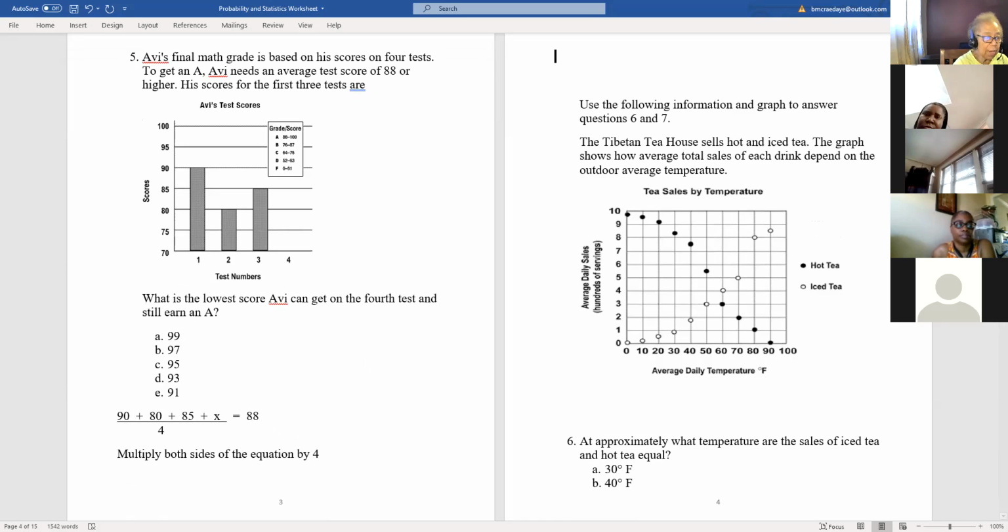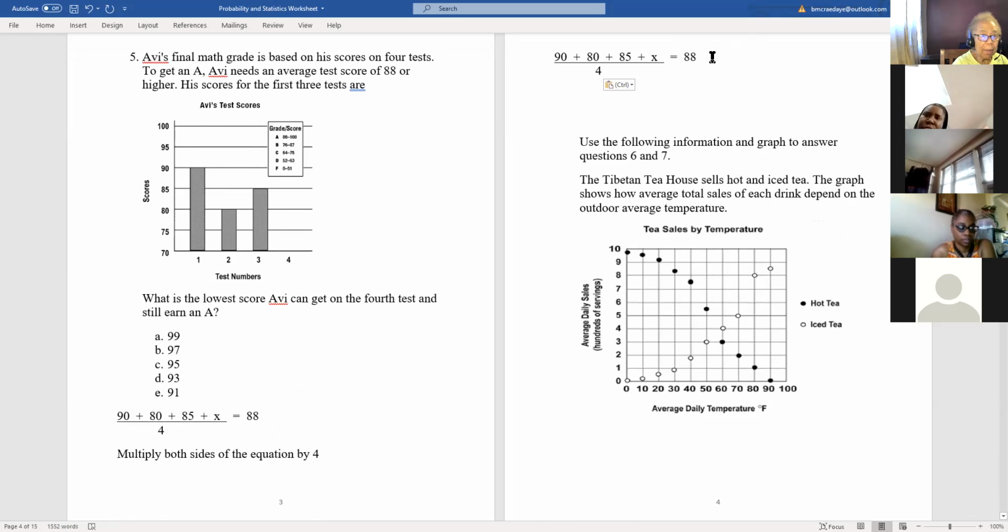What I'll do is copy this all and then we'll multiply by the 4. Now multiply both sides by 4. That means we put a times 4, and then this whole expression is multiplied by 4, right? So I'll just put parentheses here, and put the 4.